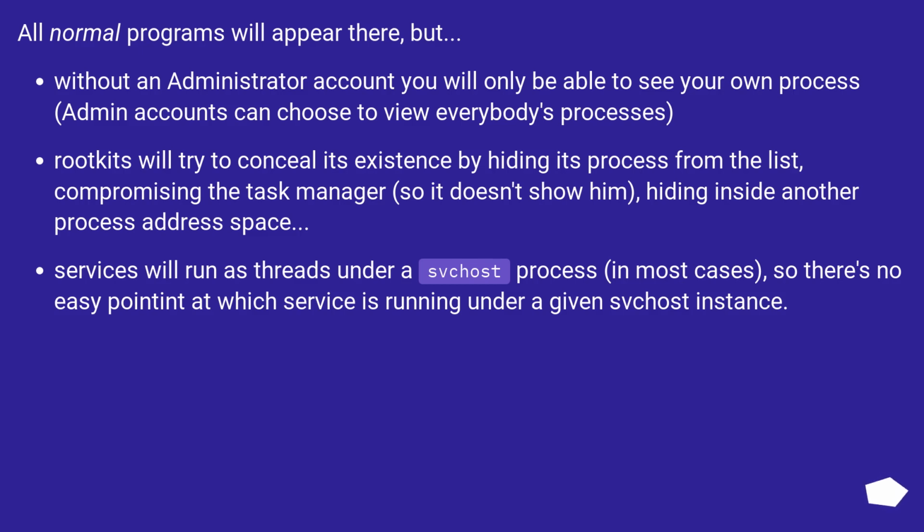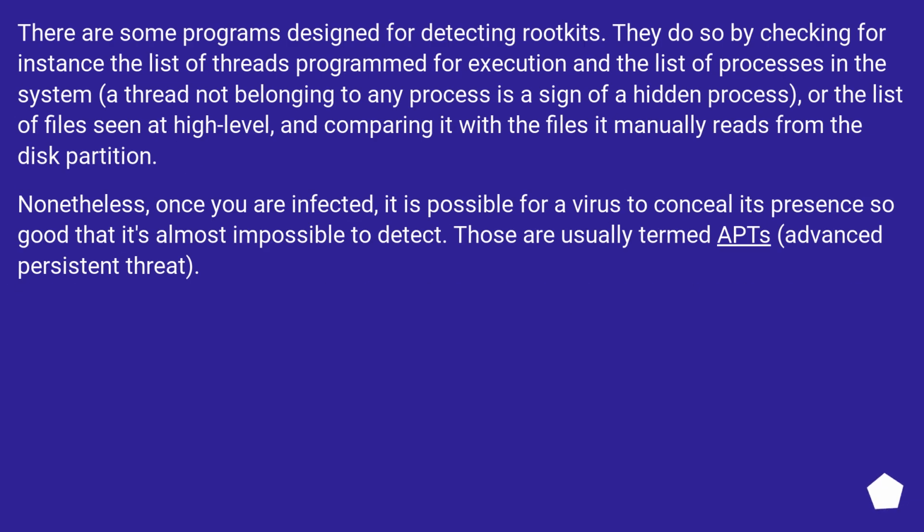Services will run as threads under an svchost process in most cases, so there's no easy way to tell which service is running under a given svchost instance. There are some programs designed for detecting rootkits. They do so by checking, for instance, the list of threads scheduled for execution against the list of processes in the system.